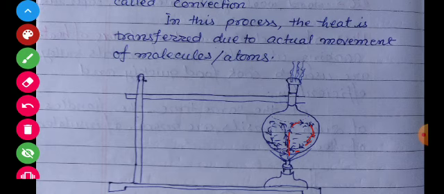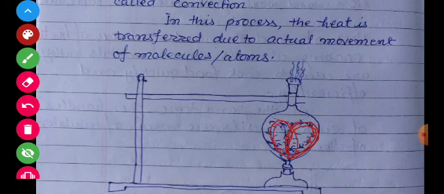But here what is happening? The colder molecules move down, and this one entire current is known as the convection current. The current formed by the movement of the molecules from bottom to top and from top to bottom is known as convection current.